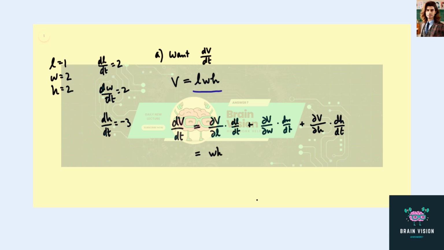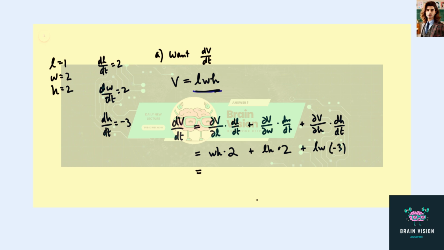And we know dL/dt is 2. Partial of V with respect to W, again just looking up here, will be L times H. And dW/dt is also 2. Finally, partial of V with respect to H is L times W, and dH/dt was given to us as minus 3. Now just putting in our values for W, H and L, we'll get our answer.